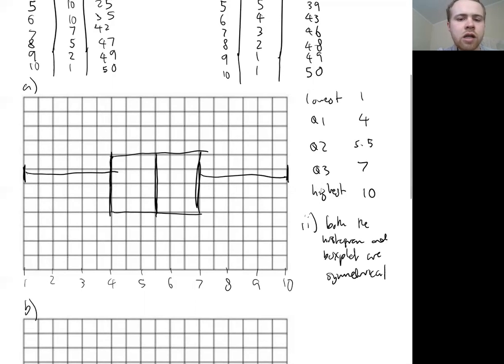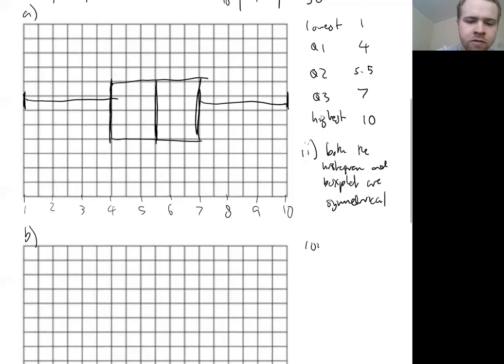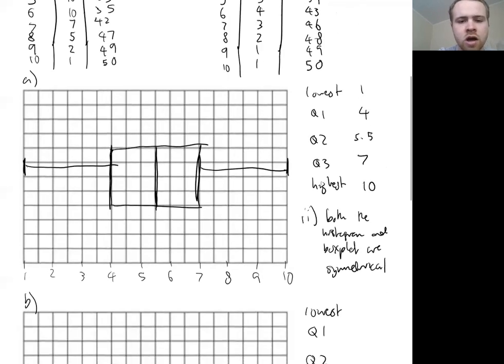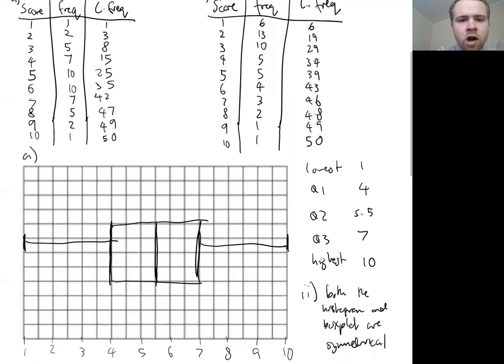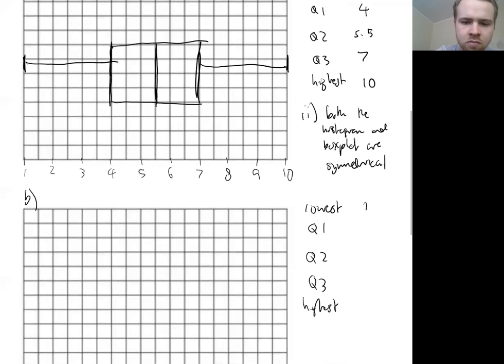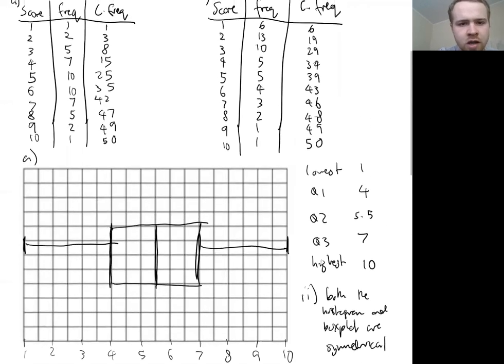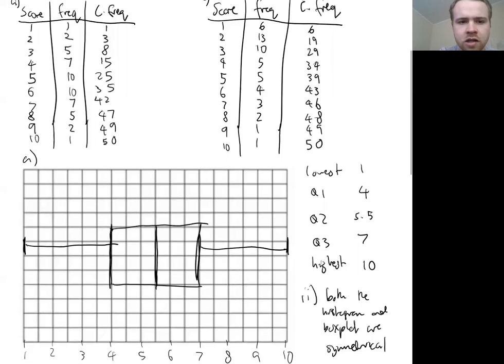Okay, so let's quickly do the same thing for part B. We're going to do our 5-figure summary: lowest, Q1, Q2, Q3, and highest. Okay, so the lowest one is going to be 1 as well, and the highest is going to be 10. So those are going to be the same. Q2, okay, again, we're looking at the 25th and the 26th.